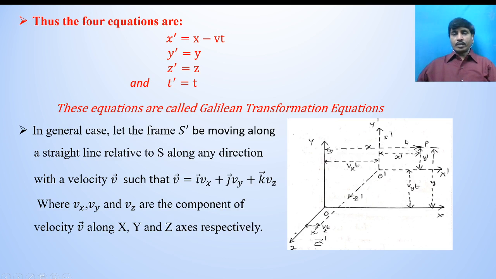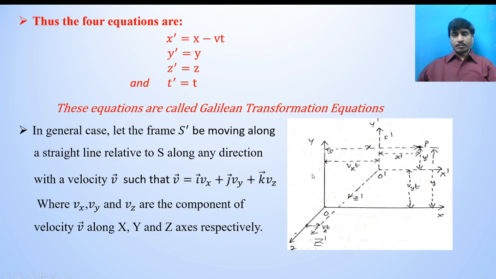During the time t, the frame S dash is moving a distance vxt along x-axis and a distance vyt along y-axis and a distance vzt along z-axis with respect to frame S.